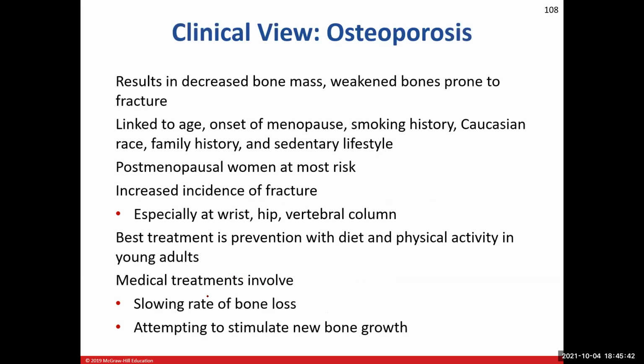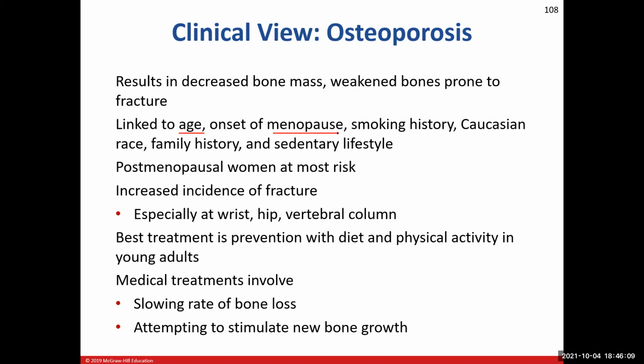So a little bit more of specifics of osteoporosis: we're going to see it in the older population, especially older females, because once menopause occurs, you're going to get a significant decrease in estrogen and progesterone. So that will play a role. Smokers, we see osteoporosis way more.